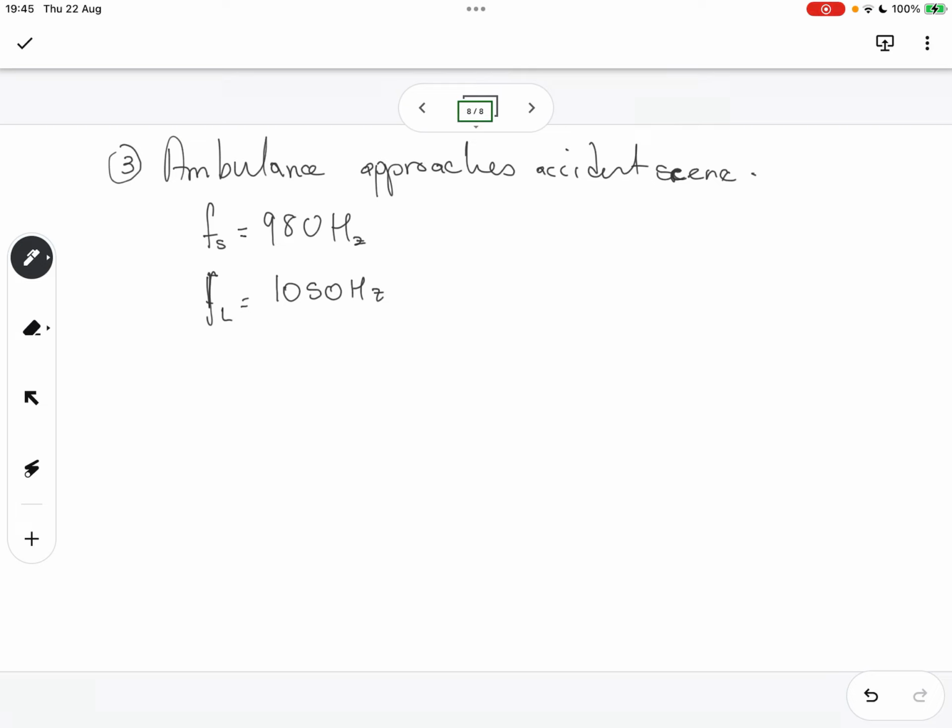So that's the frequency of the emitted sound waves, 1050 hertz. So we must find the speed at which the ambulance approaches the accident scene, so the velocity of the source.